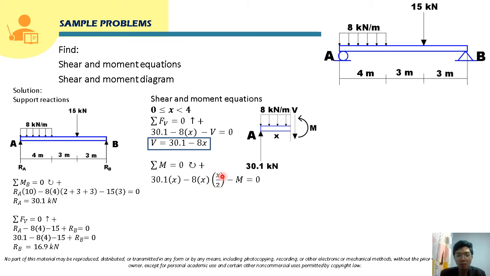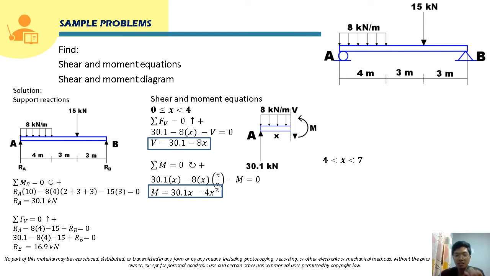So the moment arm therefore here will be x over 2, and it will rotate counterclockwise. That's why it's negative here. And then minus M. So solving for the internal moment here, this will be equal to 30.1x minus 4x squared. So this will now be the moment equation, class, for the first segment.